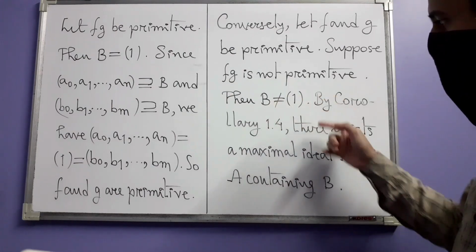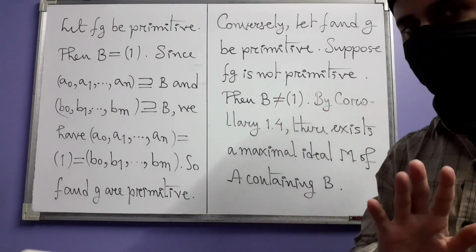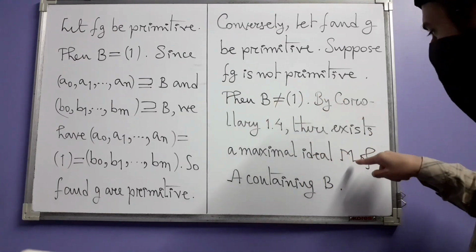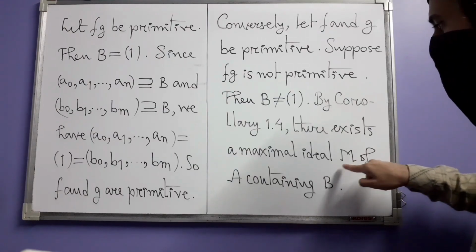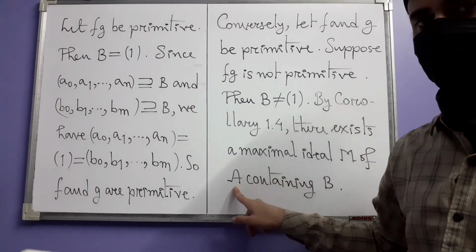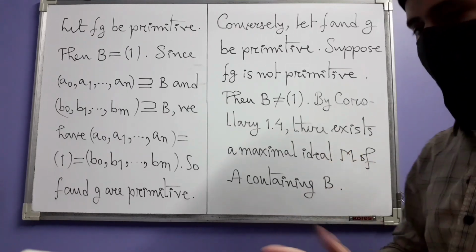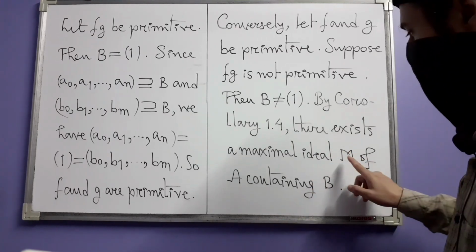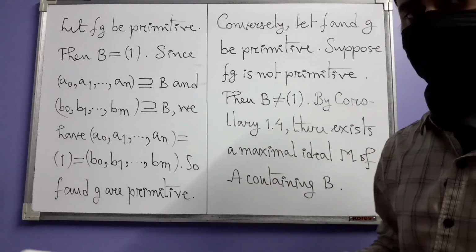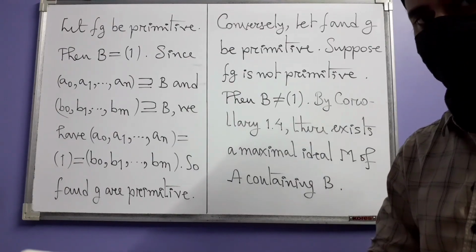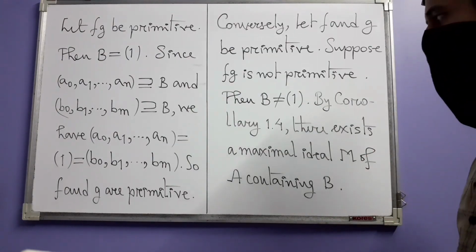So this B will also be contained inside a maximal ideal of A. Let that maximal ideal be M. M is a maximal ideal of A which contains B inside of it. M may be equal to B, but M being a maximal ideal is itself a proper ideal. You keep that also in mind. Alright, next.